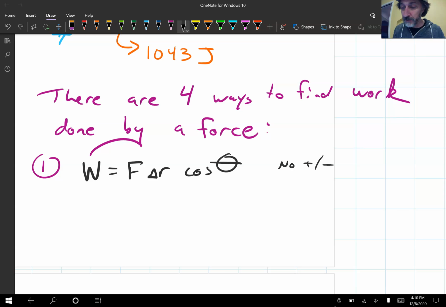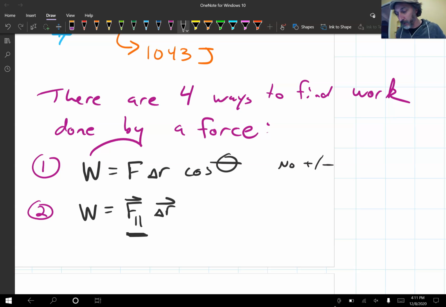Now, option number 2, sometimes it's easier to split your force into components, or to think about the components of the force. So to calculate your work, you split your force up into components, and what you're interested in is the component of the force that is parallel. Parallel to what? Parallel to the displacement.